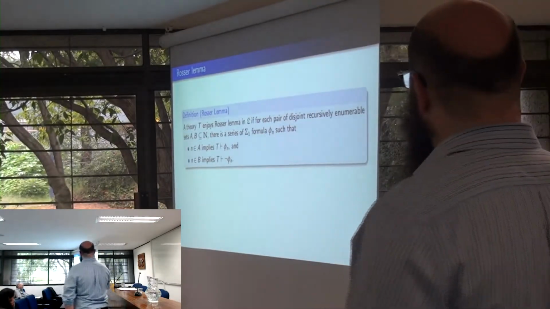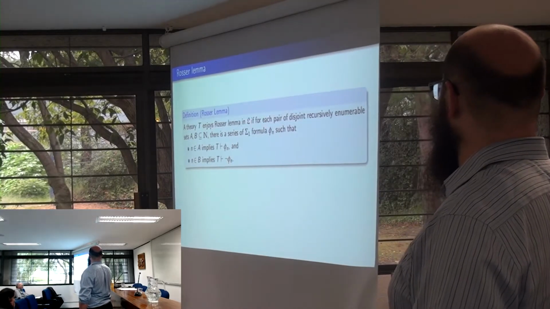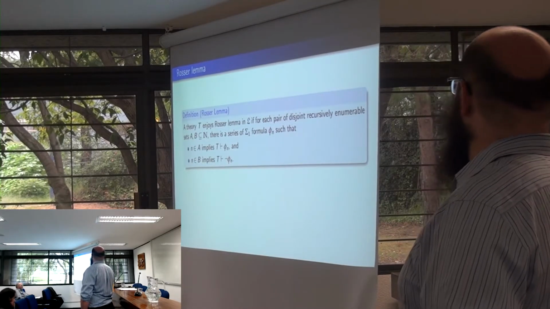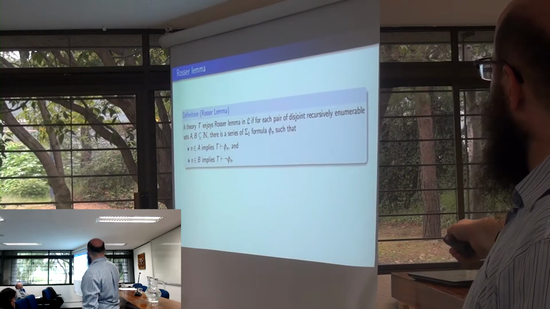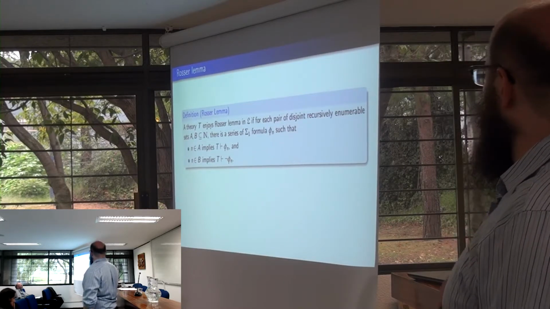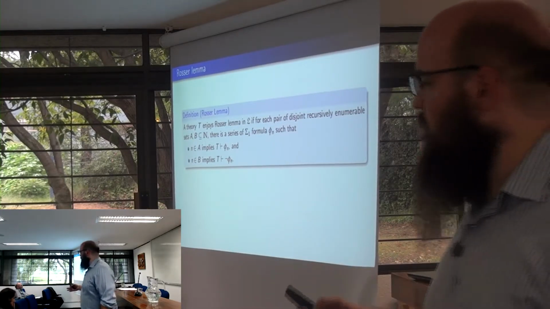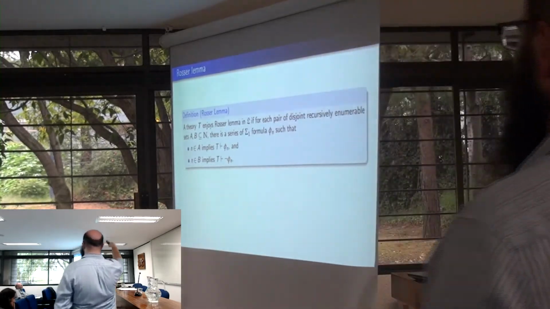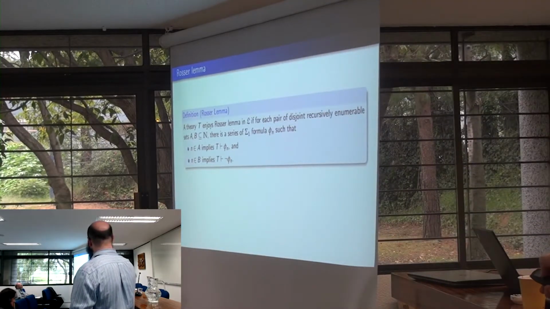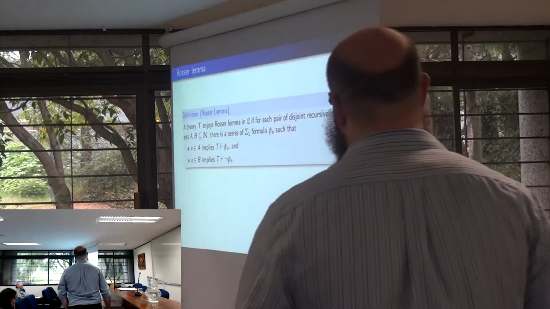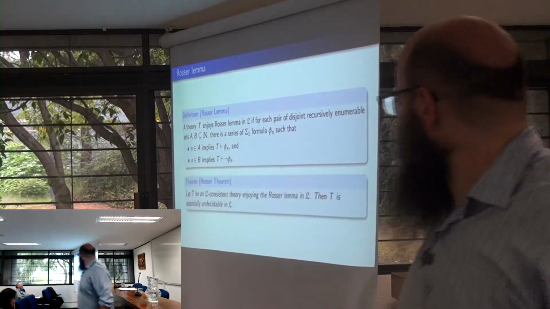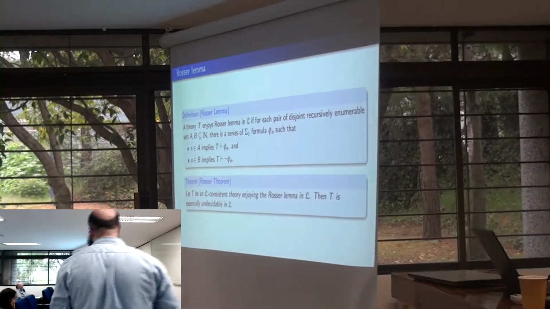So we'll say a theory T enjoys the Rosser lemma in a logic L if for each pair of disjoint recursively enumerable sets of numbers A and B, there is a series of sigma 1 formulas phi n, or one sigma 1 formula phi, as we'll get to later, such that satisfiability of phi n, or its negation in T, decides inclusion of a number in one or the other of the disjoint sets. And then from that, you can obtain the theorem.